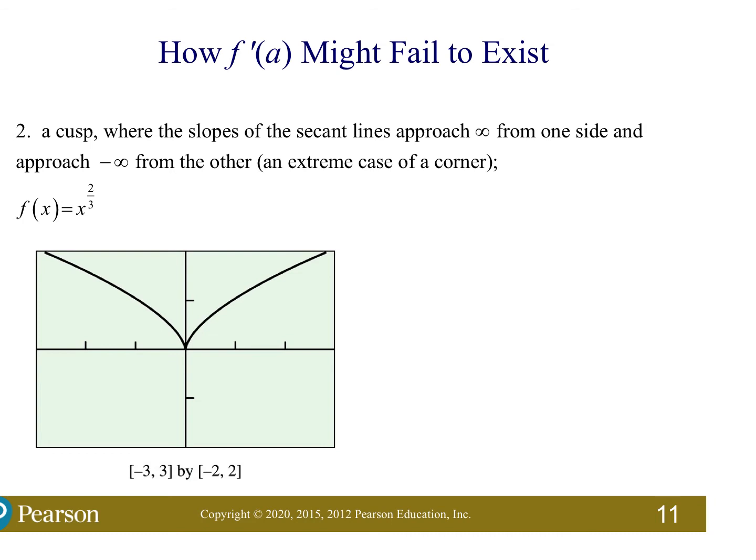The limit approaching 0, and 0 is my target point because it's clearly where the cusp is happening. So I want to check 0 from the left of x to the 2/3, and I want to check 0 from the right of x to the 2/3.